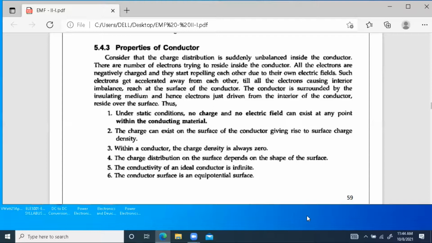Where we have one cable and we want to have one cable and then the other one outside, and we want to find the electric field in different regions.